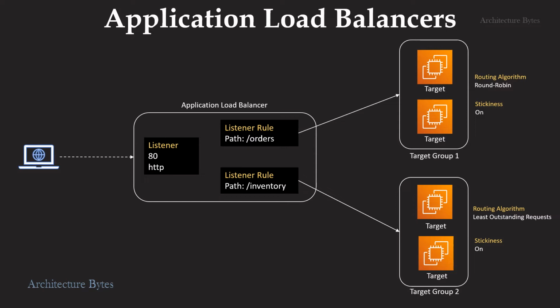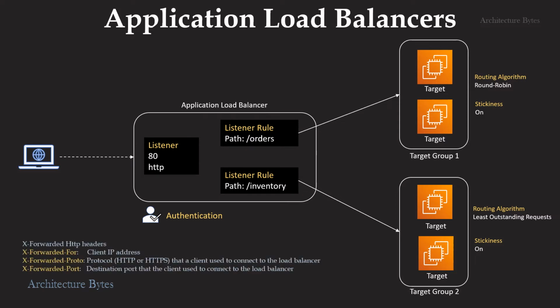You can also configure an application load balancer to securely authenticate users, for example, via Amazon Cognito or social identity providers. Application load balancers use X-Forwarded HTTP headers for sending client-related information to downstream systems. X-Forwarded-For header is used for client's IP address.